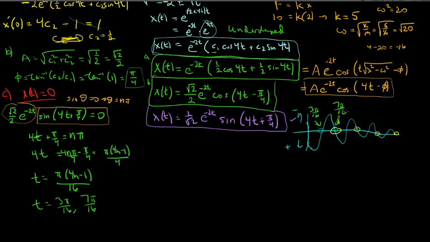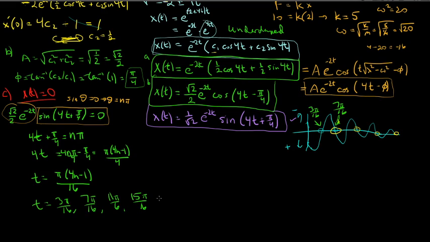And then skip when n is 3, 12 minus 1, 11 pi over 16. And then when n is 4, we get 15 pi over 16, and so on. So we want, again, the ones where they're heading downward, the second one, the fourth one, and so on.